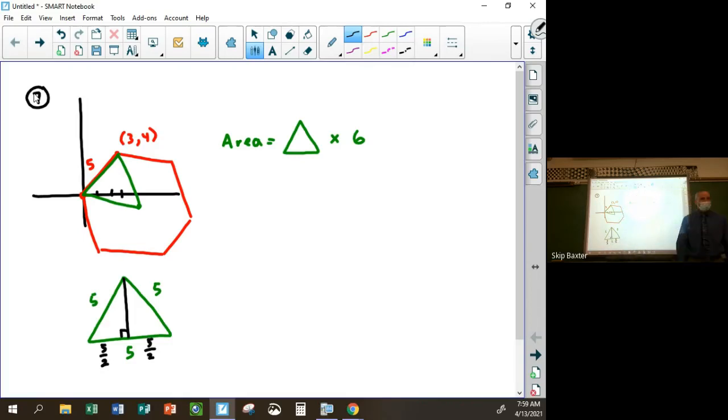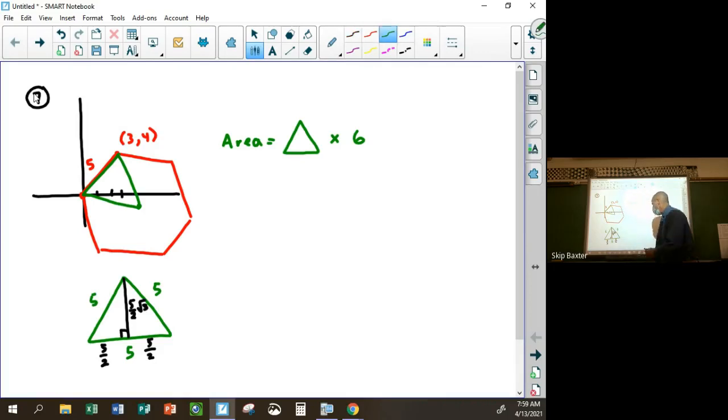So what's the height of that triangle then? If you know the short leg of a 30, 60, 90 triangle, what's the length of the long leg in relation to that? 5 halves times radical 3. Exactly. This height is going to be 5 halves times radical 3.